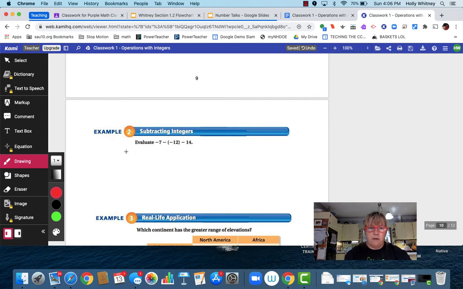If we have -7, subtract -12, and then subtract 14, let's rewrite this as an addition problem. We have -7. We change subtraction to addition, which means we take the opposite, so that becomes 12. That is subtraction, so we change that to addition, and it becomes the opposite, -14.